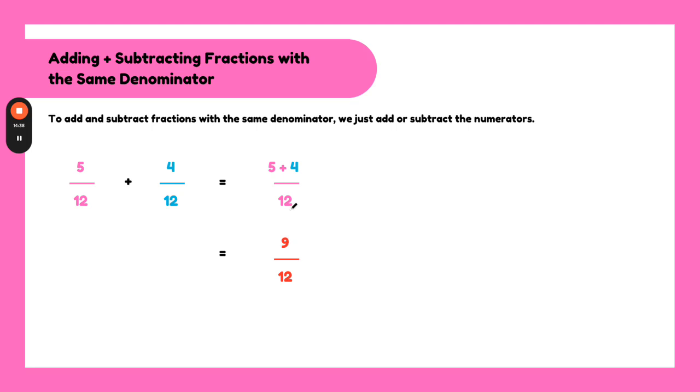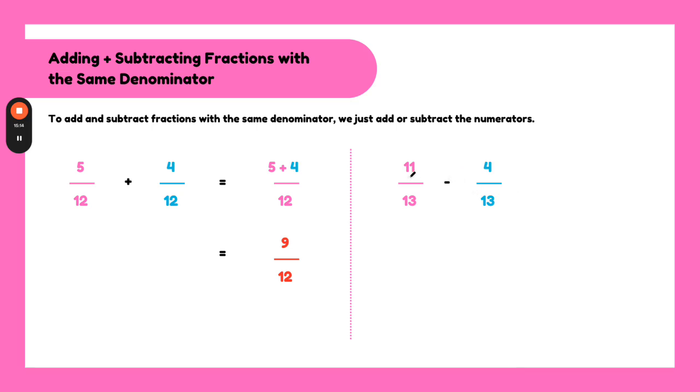And in a similar sense, if we wanted to subtract fractions with the same denominator, we just subtract the numerators. So another example here, we have 11 over 13 minus 4 over 13.